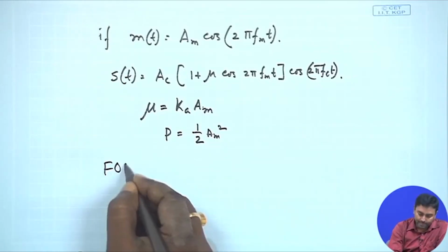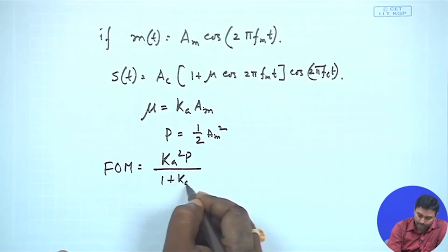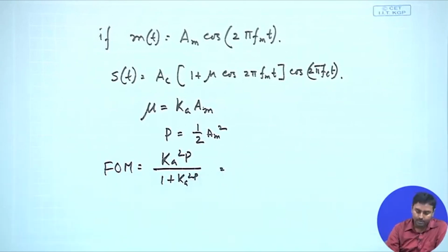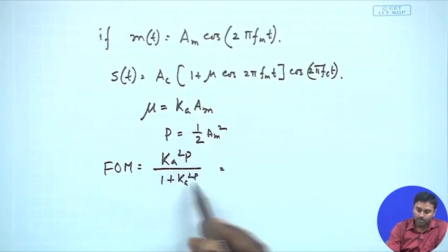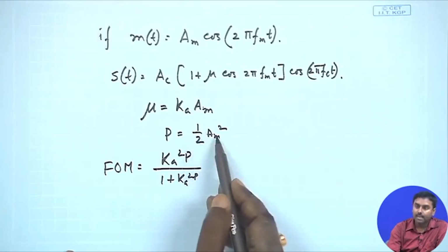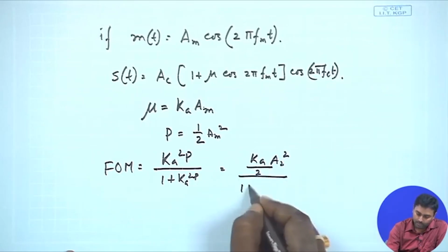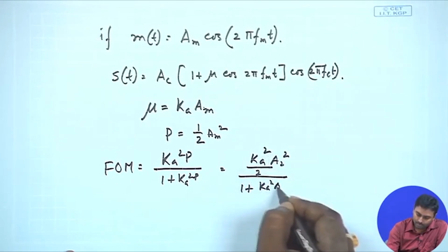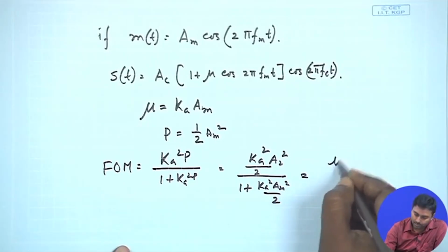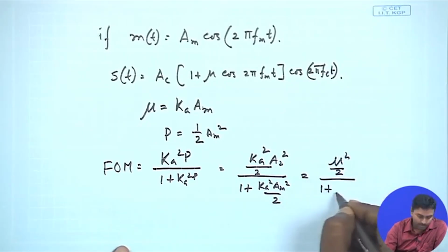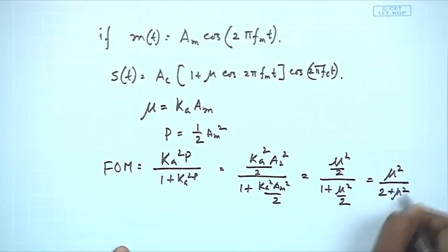So, therefore, the figure of merit that we have already calculated, that is Ka square P divided by 1 plus Ka square P, which if we just put, so Ka, okay, we can put it in terms of mu. So, Ka square P, if I just put half Am square, so I get Ka square Am square divided by 2, 1 plus Ka square Am square divided by 2, that is nothing but this is actually mu square by 2 divided by 1 plus mu square by 2, or I can write it as mu square over 2 plus mu square.